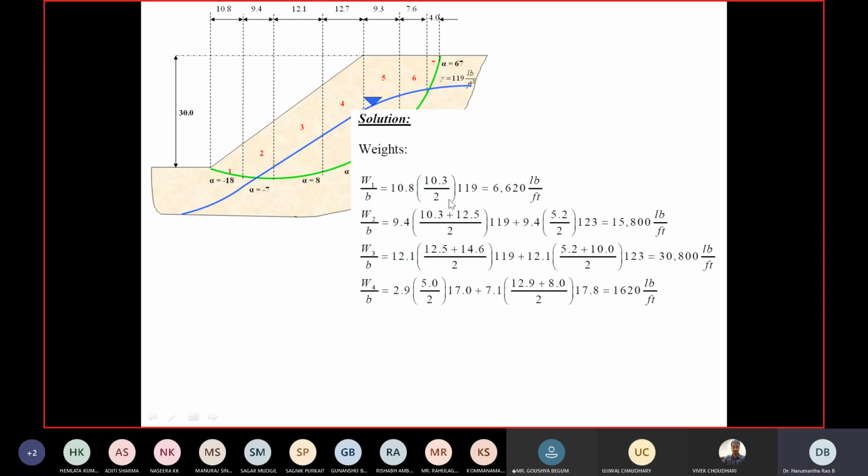Okay, so this 10.3, 12.5, these are the heights on either side of the slice. You can see here 10.3 corresponds to slice number 1, the bottom height.